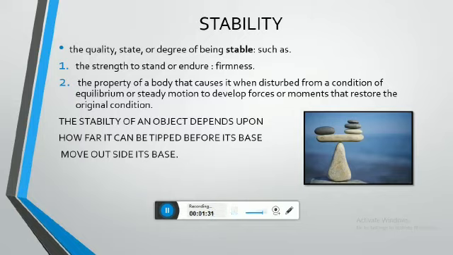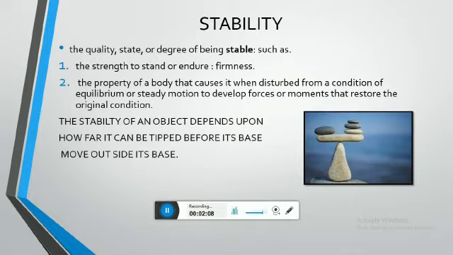Or it's the property of a body that, if we disturb that body from one condition of equilibrium or steady motion, the body returns back and restores its original condition. It means that body is stable. Again, if we disturb some object and it returns to its original position, that is a stable object.